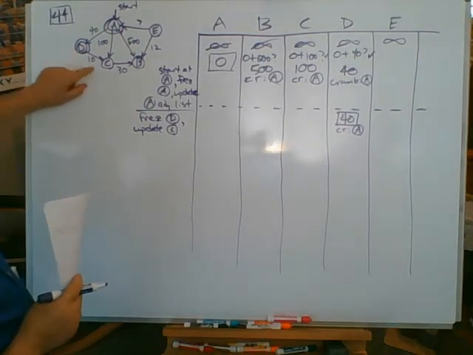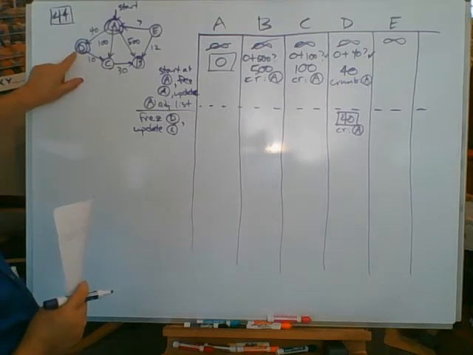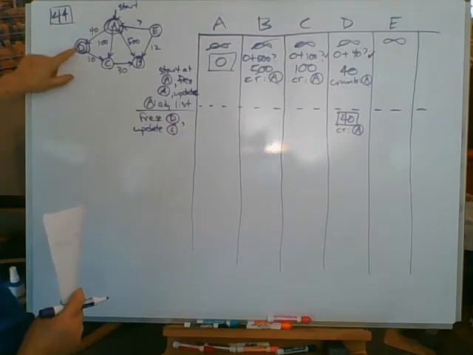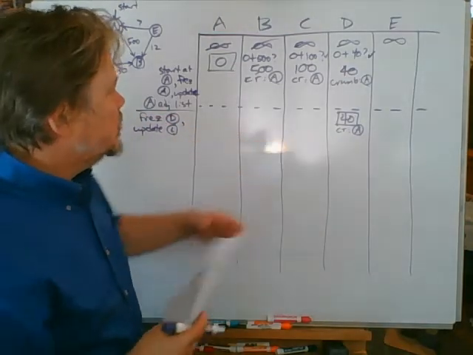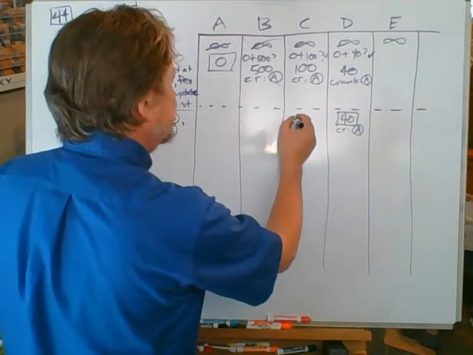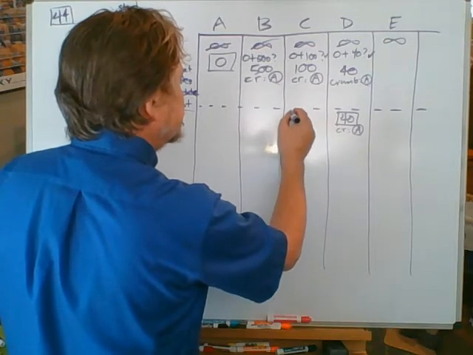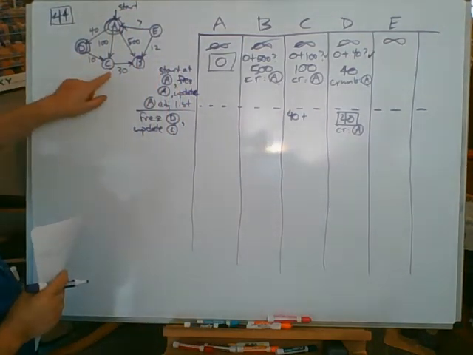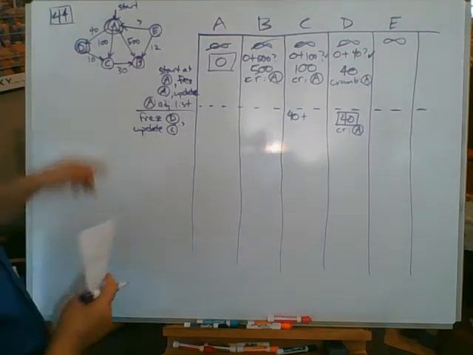Can I update distances from D? Yes. D can offer C an update, which will be the distance to D that we just now froze, 40, plus the additional cost of the leg from D to C, which is 10.